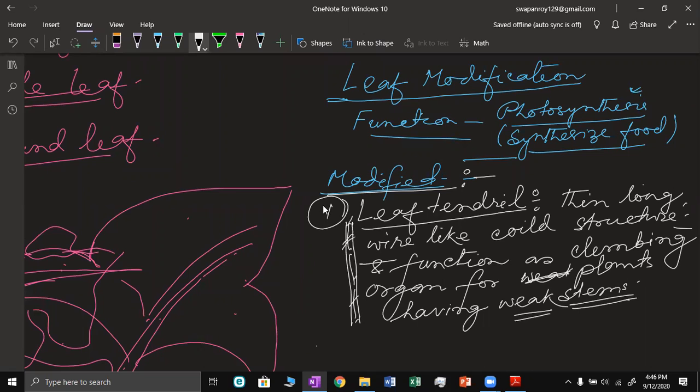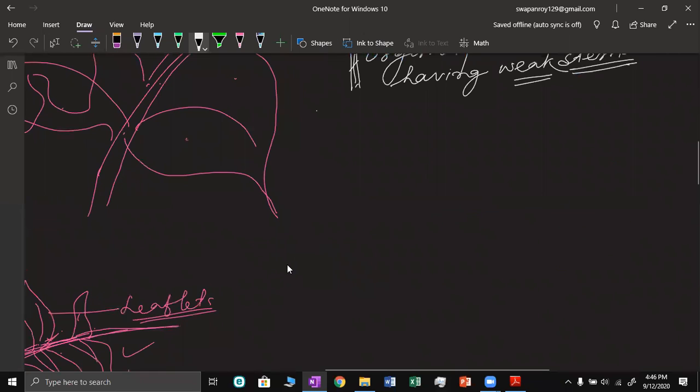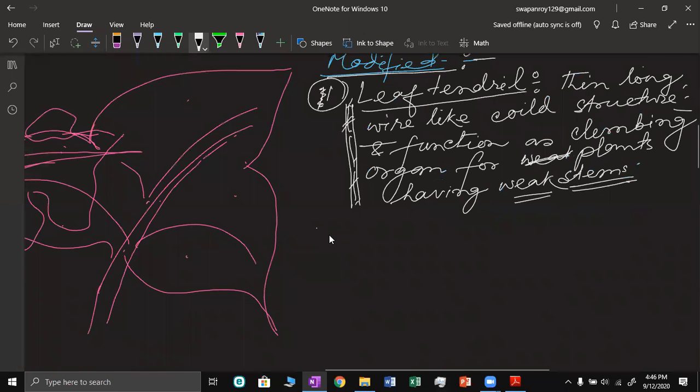In pumpkin and cucumber, we have learned the tendril was a modification of the stem. But here the leaf also can function as a climbing organ by coiling around the support.